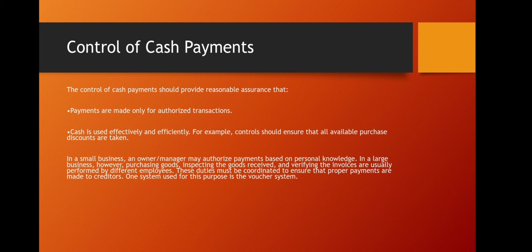Because sometimes, if there's no good system, an employee could commit fraud. Maybe they work together with the seller of something they want to buy, and they cut or understate the amount of the discount, so the company has to pay more, and the extra payment on the bill goes into the hands of the seller and the employee of the company.